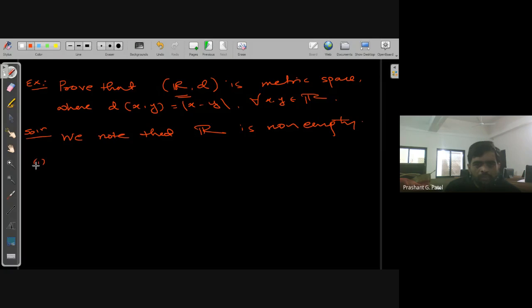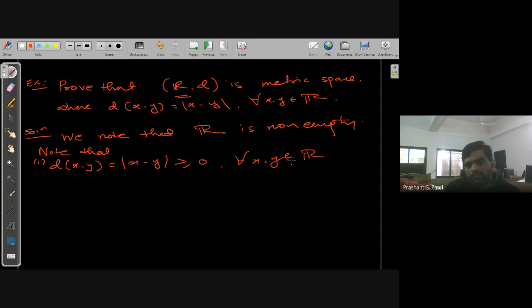Then we also note that the distance between x and y, which is |x − y|, is always greater than or equal to 0 for every x, y belongs to R. So the first condition is satisfied.